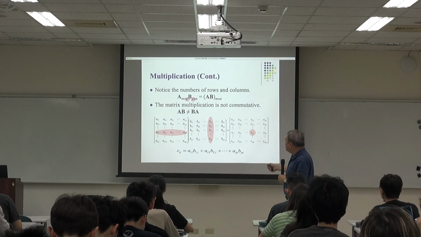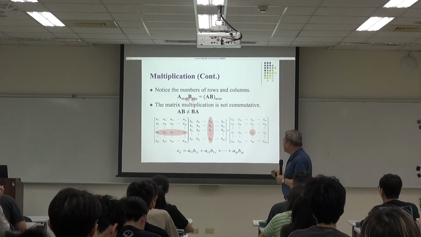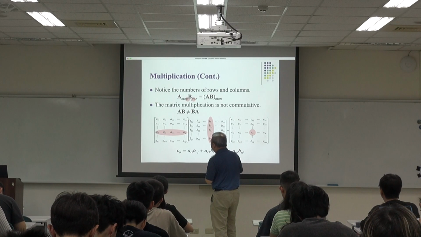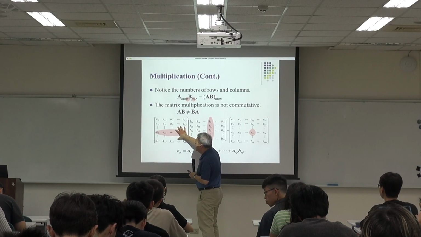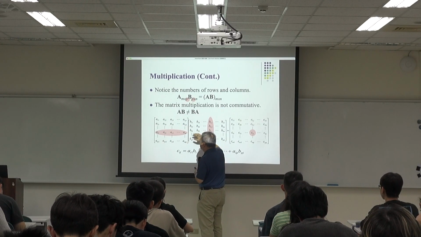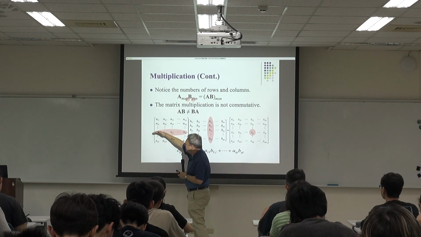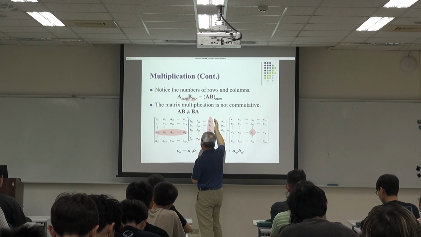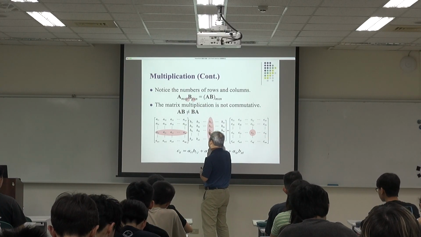If you look at this as a picture, it looks like this. Here is matrix A, here is matrix B. The ith row is multiplied by the jth column.